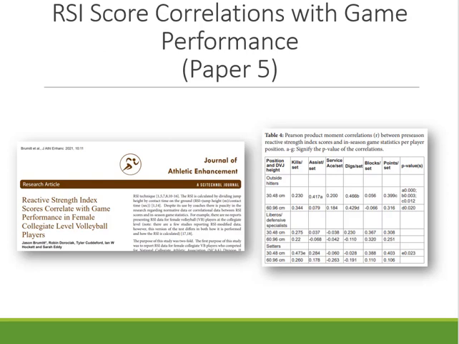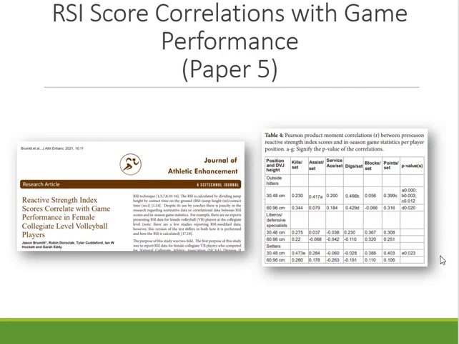We published a paper in the Journal of Athletic Enhancement looking at reactive strength index scores and the correlations with individual position performance. So over here showing outside hitters, and what we see is that there were many, in this case, low to moderate correlations between game performance and drop vertical jump performance, or I should say reactive strength.